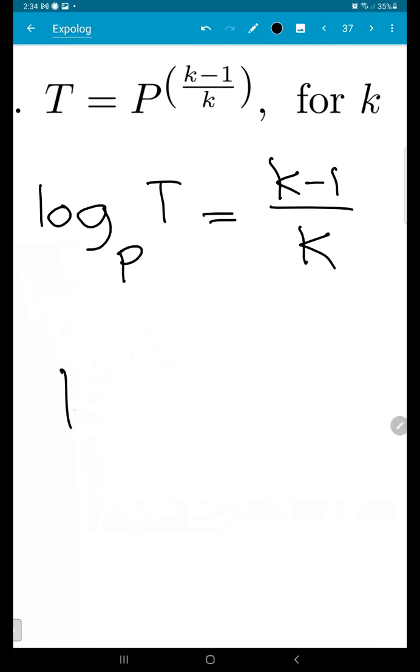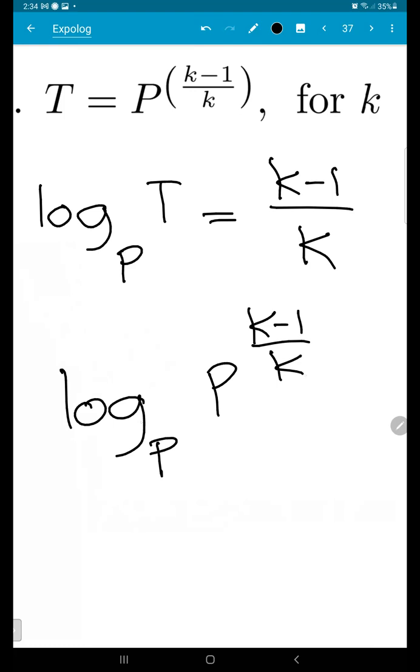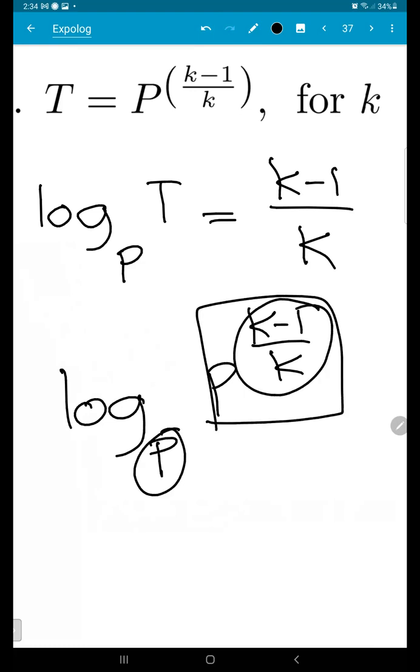When you take the logarithm of the right-hand side base P, what is that? What should I raise P to get this? Obviously this one.